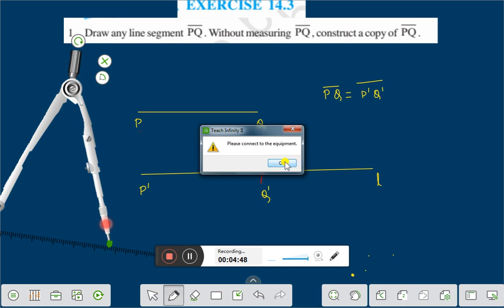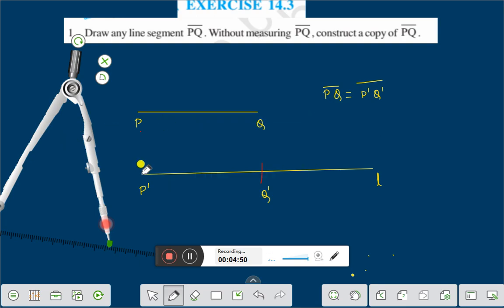Without disturbing this, we fix the pointer at P dash and cut an arc with the pencil, so that we get P dash Q dash. That means this distance and this distance are equal. Therefore, the length of line segment PQ is equal to the length of line segment P dash Q dash. In this way, you can solve the problem.